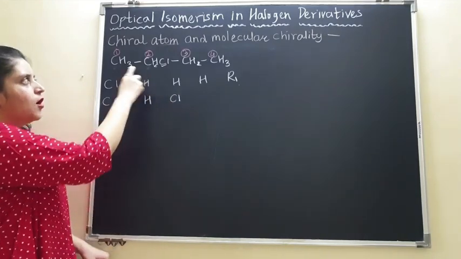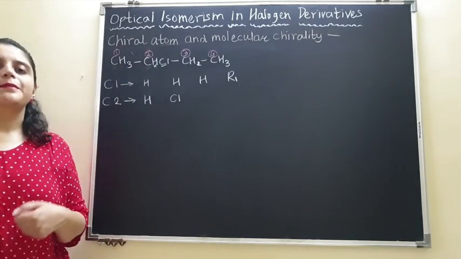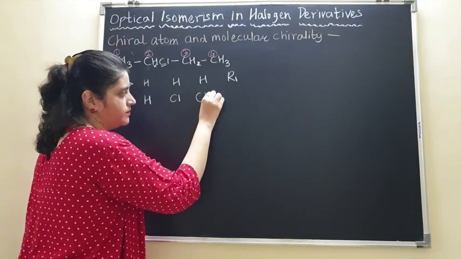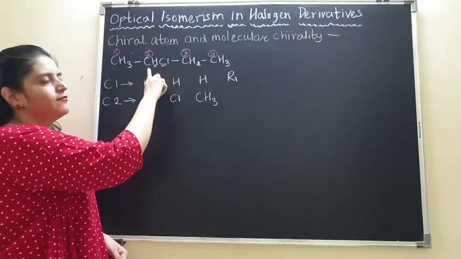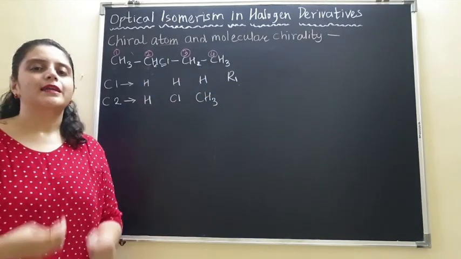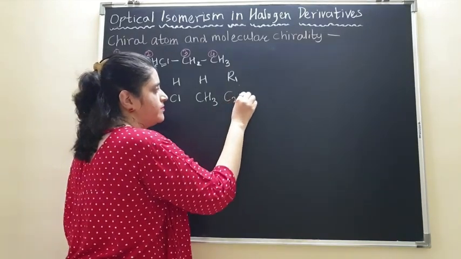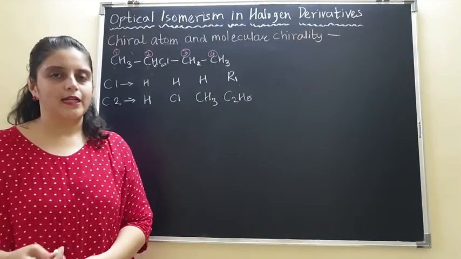Then on one side of the second carbon, you have this group, which is a methyl group, CH3. And on the other side of the carbon atom, you have CH2CH3, which is nothing but an ethyl group. I am writing this ethyl group as C2H5.